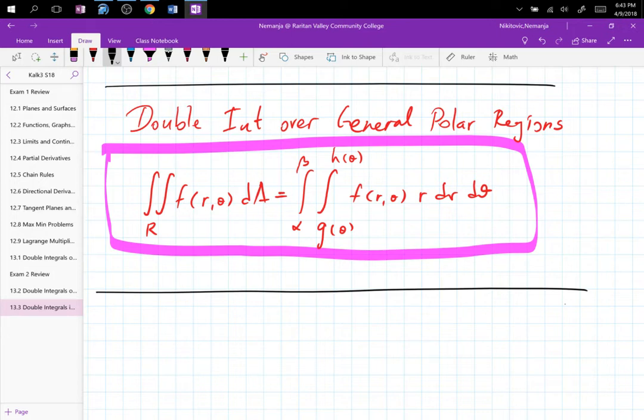So let's do an example of a general region. So 33 through 38, we can pick whatever. Region inside the leaf, let's do 34. Region inside the leaf of the rose r equals 2 sine 2 theta.